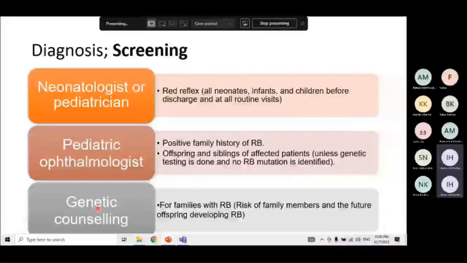When we do the screening for retinoblastoma, it can be done by the neonatologist or the pediatrician. One of the important screening things that they need to do for every neonate or child is to see the red reflex with a direct ophthalmoscope. Pediatric ophthalmologists need to examine patients who have positive family history of retinoblastoma or who have offspring or siblings of affected patients.